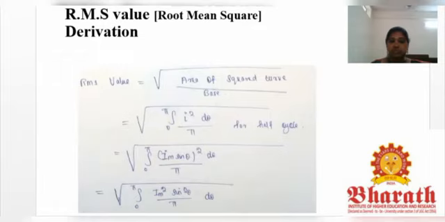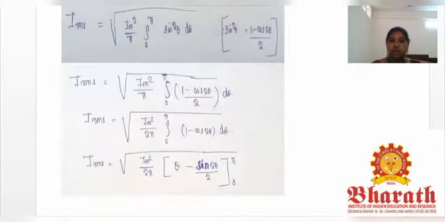Now I am going to substitute the equation for I. So root of integral 0 to pi, I is equal to Im sin theta the whole square, divided by pi into d theta. Im square divided by pi is a constant value, so I am taking it out. So Im square divided by pi integral 0 to pi sin square theta d theta.